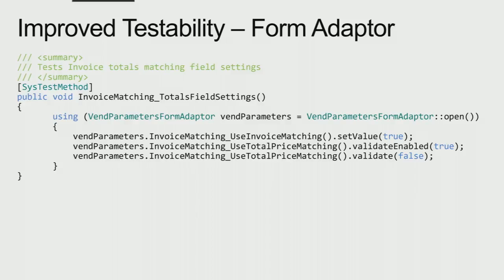So it's a very simple test, but you can see from the API, it's this chaining mechanism to walk through to interact with the form. This isn't a super high value test. The other thing we looked at a lot was what's the value of the test. Form logic is usually pretty simple. It's not your top priority. Business logic is much more important, but it's just an example to show you how form adapters can be used.